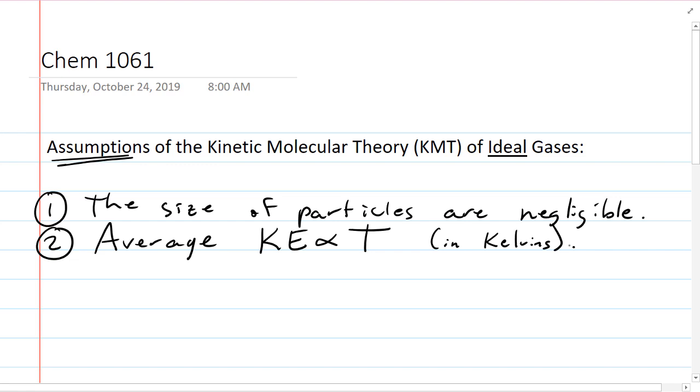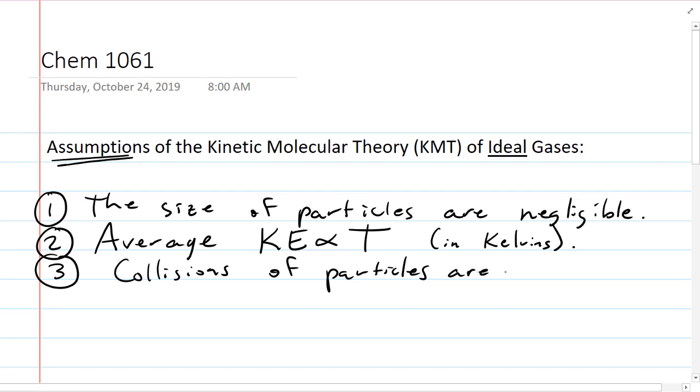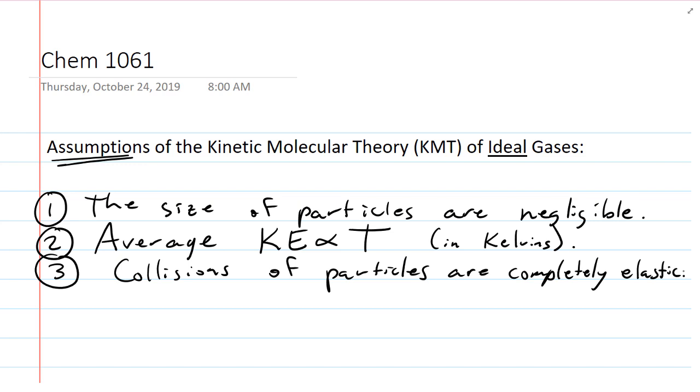And a third assumption we make is that the collisions of particles are completely elastic. So for an ideal gas, these are the assumptions that go into the ideal gas law.